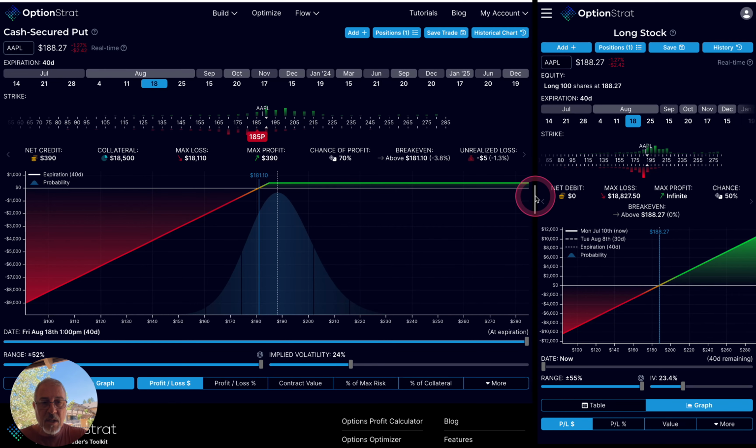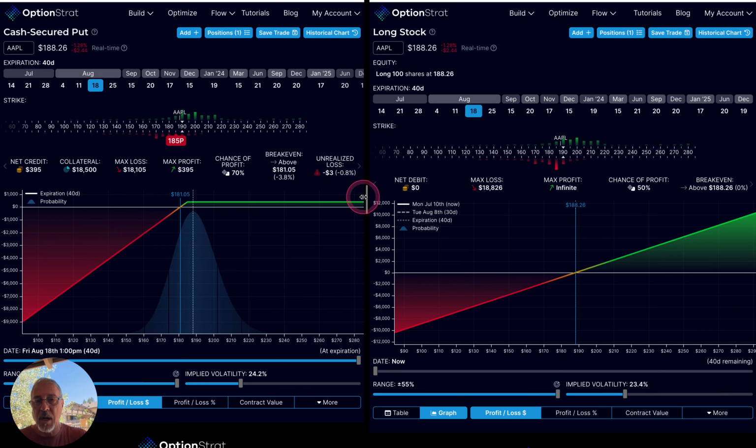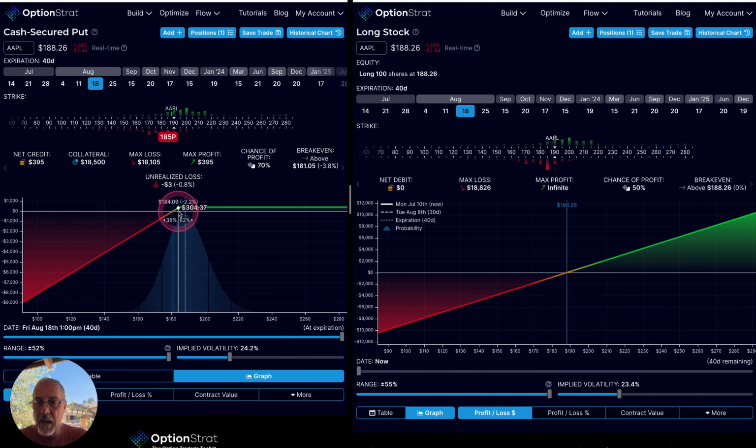So again, this is part of what's called a wheel strategy, and for today, we'll carry this a little bit further in the future. For today, I just wanted to compare and contrast how 100 shares of long stock compares to selling a short put.